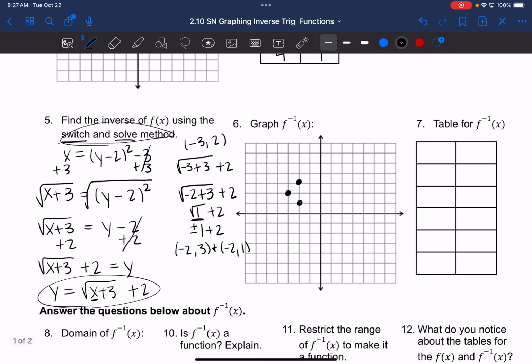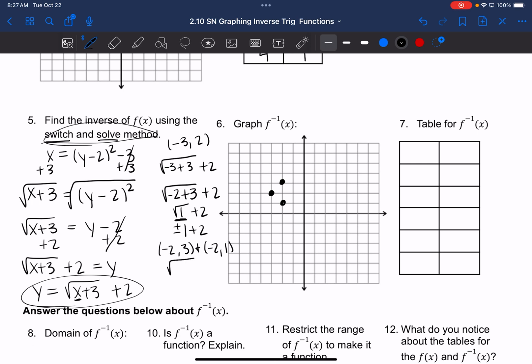So let's try plugging in a 1 underneath that radical. So 1 plus 3 under our radical, plus 2. Okay, and what is 1 plus 3? 4. And what's the square root of 4? 2 or negative 2. Okay, so plus or minus 2. And then we got a plus 2 here, right?